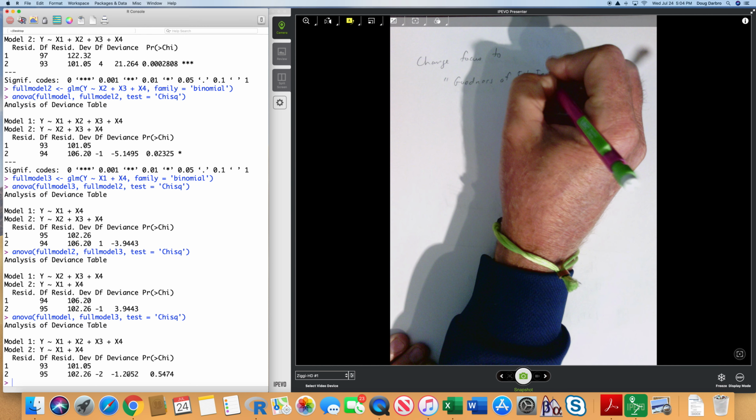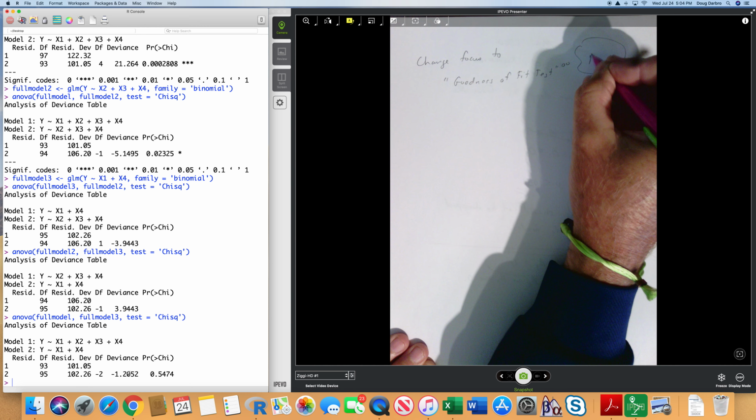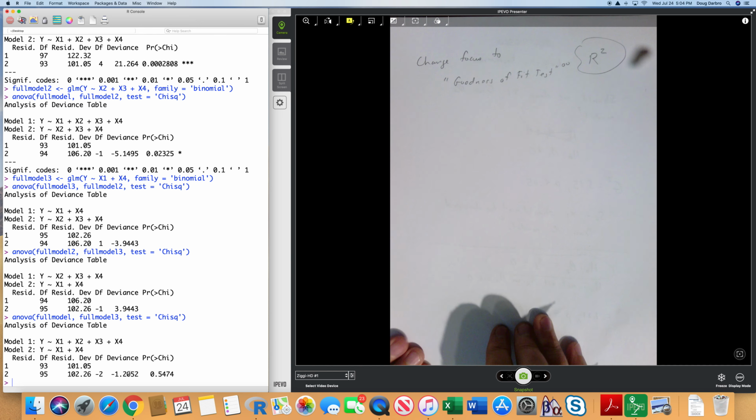And you could probably think back to simple linear regression, where we would use R squared, and in multiple regression adjusted R squared, to give an overall assessment of the model. Well, that's kind of what we're doing here.